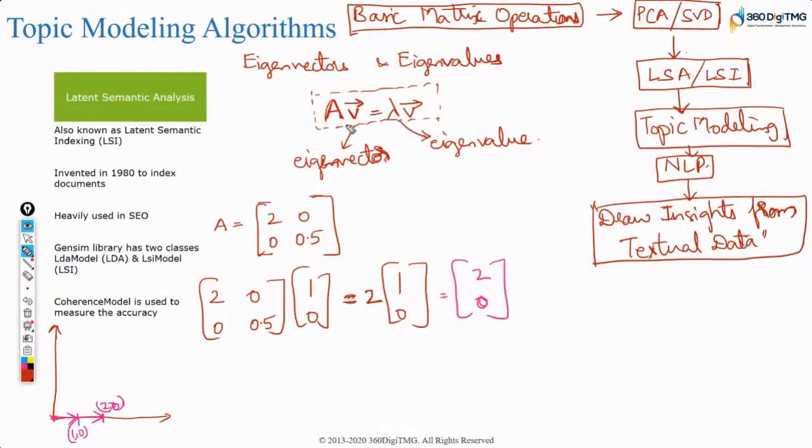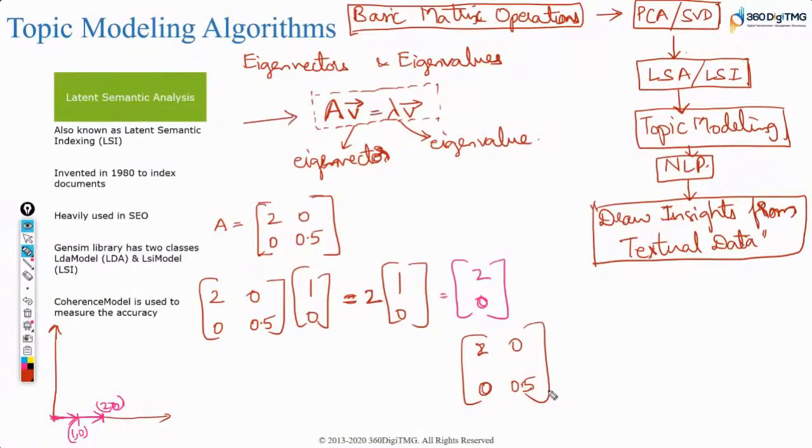Second, eigenvectors and eigenvalues can have different values. That means you can have different solutions. So if I take the same setting wherein you have 2, 0, 0, 0.5, a different set of values can also form the same kind of expression.